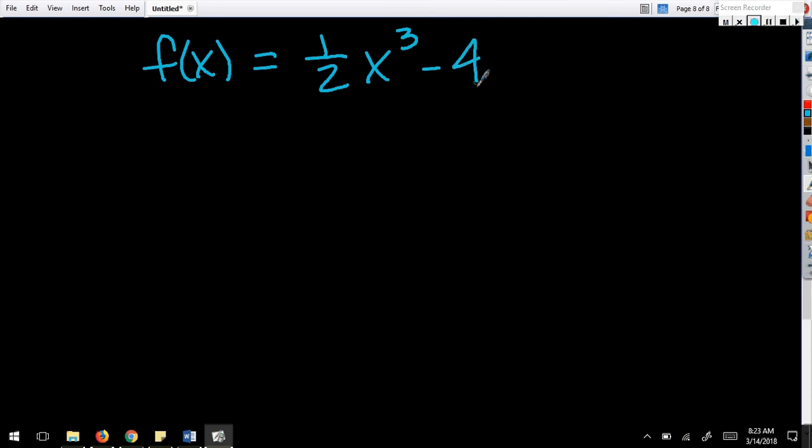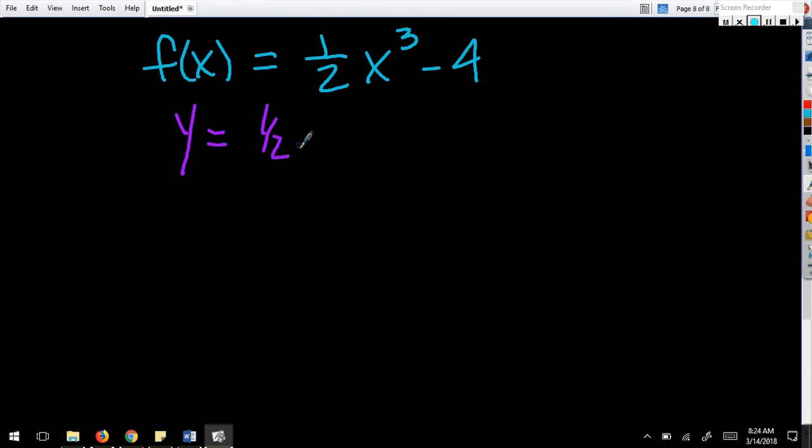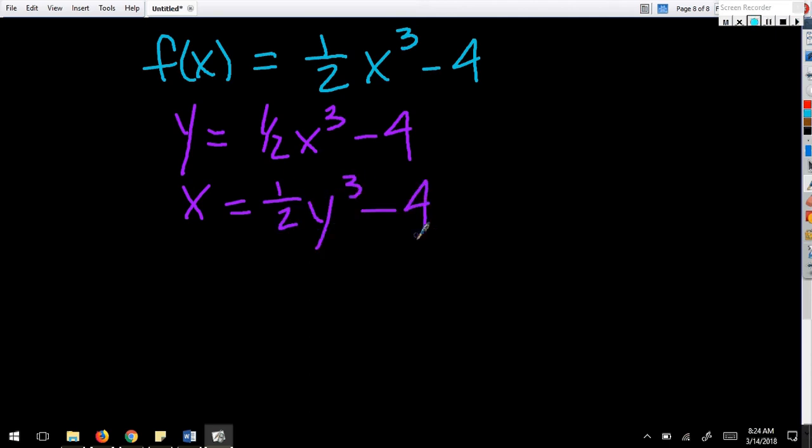Find the inverse. I know some of you are still working. I'm just going to kind of take it slow. I'm going to switch my x and my y here. What'd you do first? Add the 4.